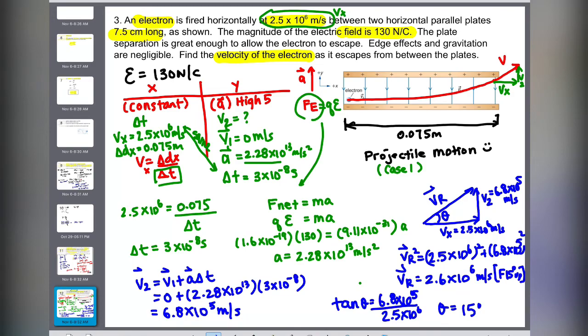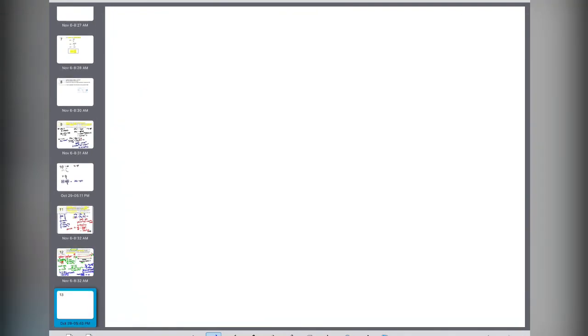All right, I know you want me to say we're done, but we're not. There's one more type of question I wanted to let you know about. The other wording they could use is find the vertical deflection.